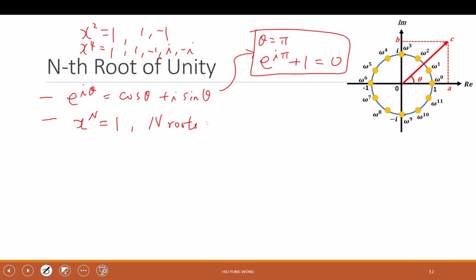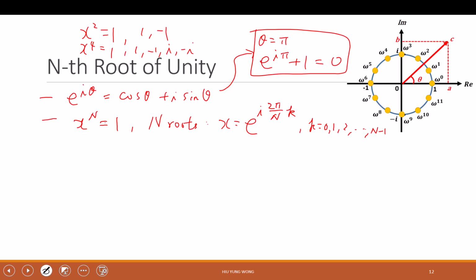And what are they? x equals e to the power i 2 pi divided by capital N times k, with k equal to 0, 1, 2, all the way to n minus 1. We are not going to study this, but you should know this equation.